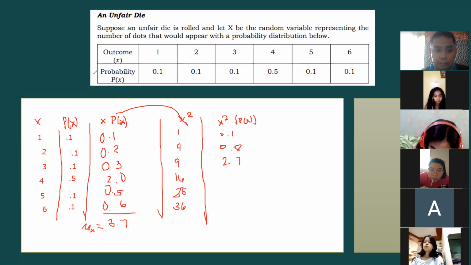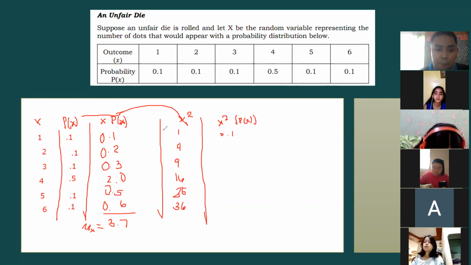Sorry, P of x pala natin siya ita-times. Clear natin to. Sorry, nagkamali ako. Erase natin to. Ulitin natin.